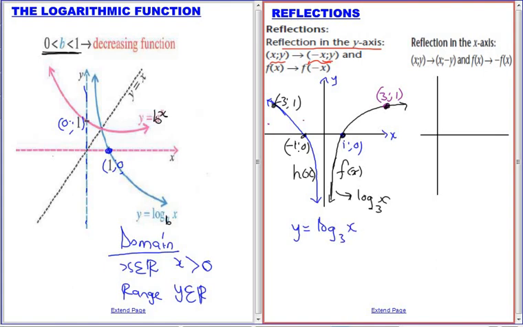What you do is you just go ahead and make x negative. So in this situation, you just write y is equal to log to base 3 of -x. So that will be the function h(x) right there. It will be log to base 3 of -x. You just leave it like that.